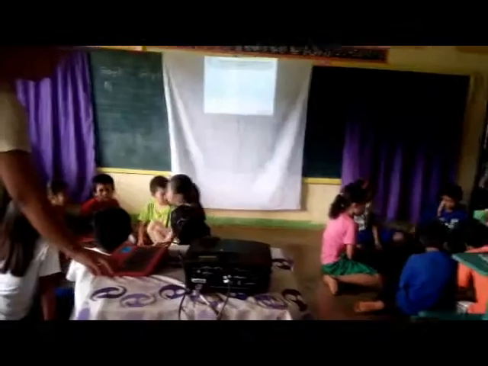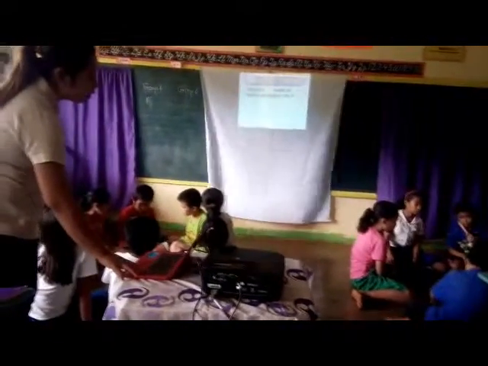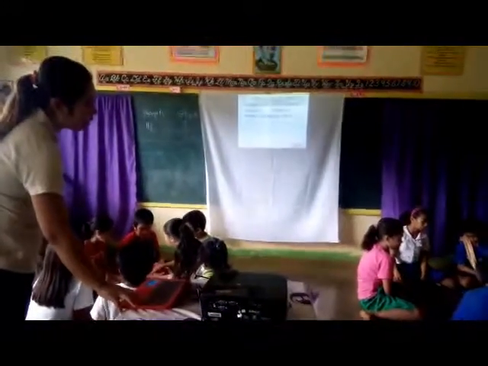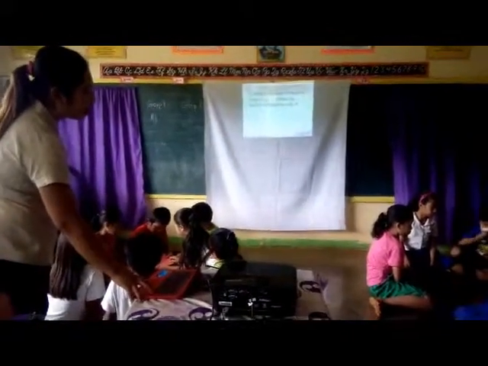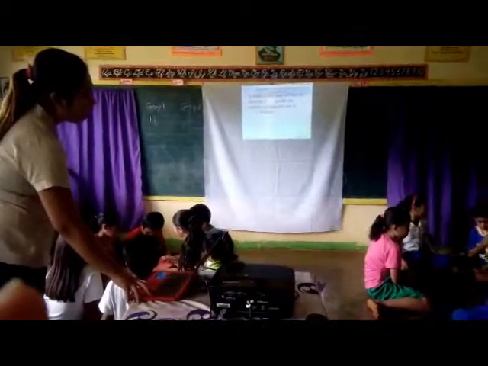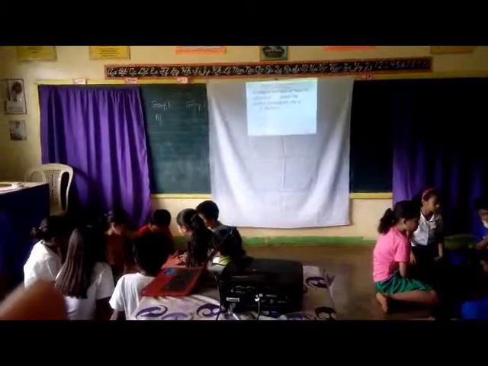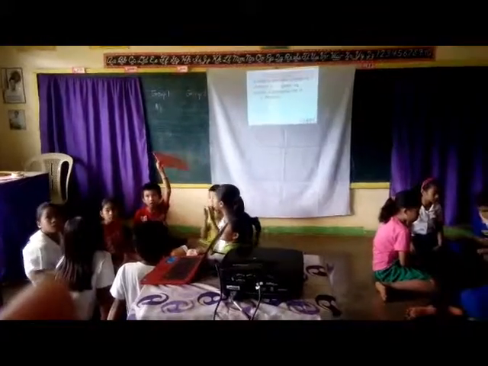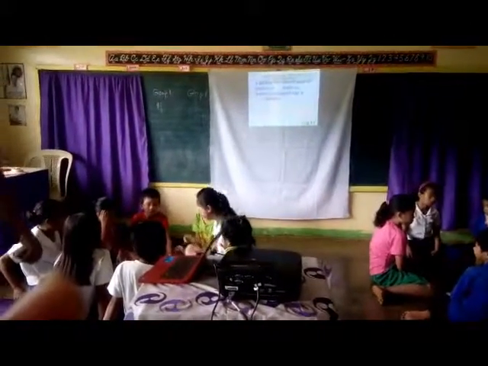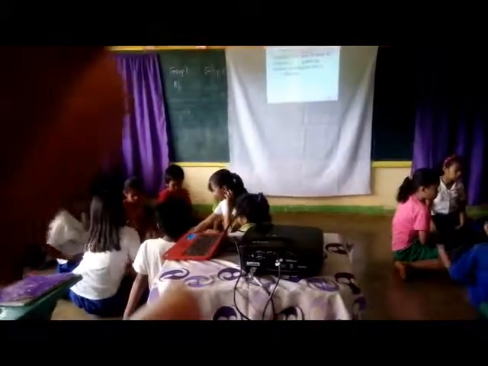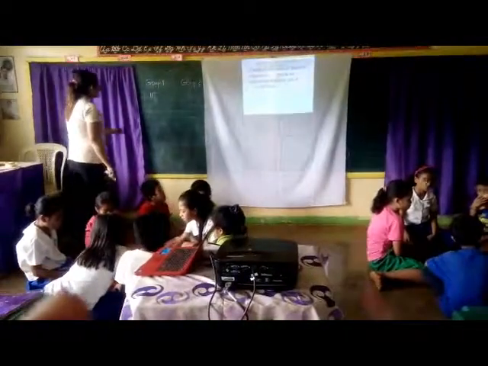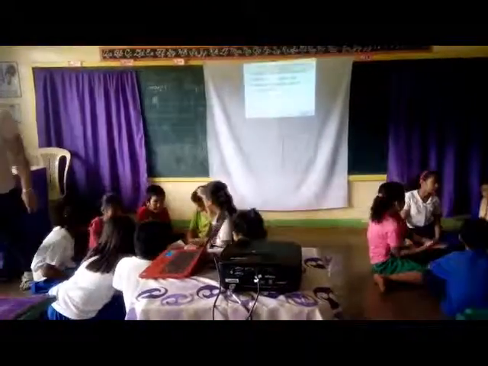Next. Same as before. 9 boys to 14 girls. Question: what is the ratio of boys to children in grade 6 section Sampaguita? Use fraction. Okay, so the correct answer is 9/23.